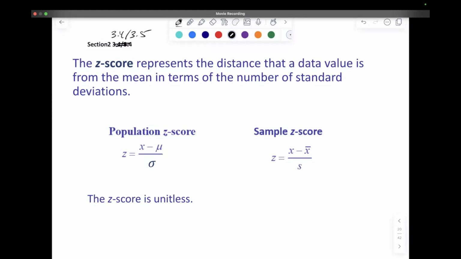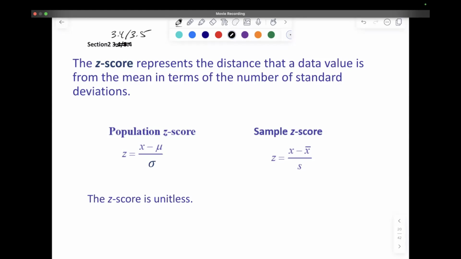One reason we use z-scores is that it standardizes things. For example, let's say I had 2 different classes. One had 30 people in it, and the other had like 35, 40 people in it. I was calculating the mean and the standard deviation. Maybe one class was AP and one was regular.